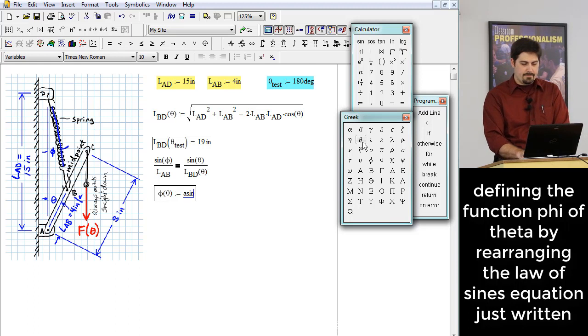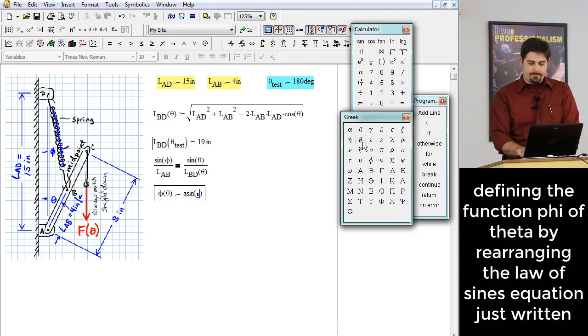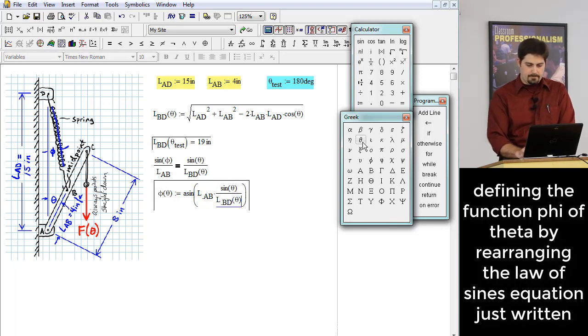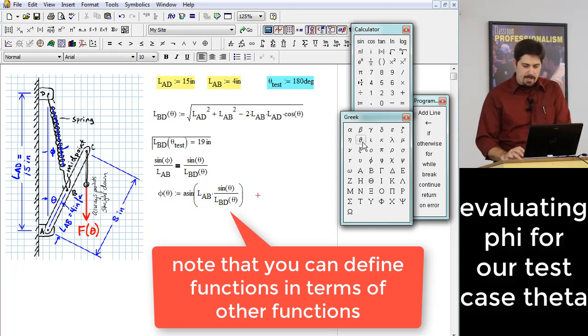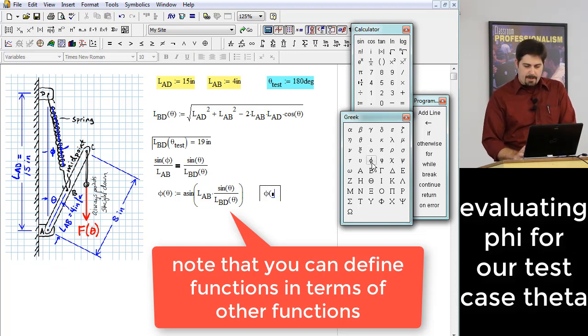Arcsine of LAB times sine of theta over LBD of theta. Okay, and I can check this one out too if I want, and have it return to me a phi value for a test case of theta.